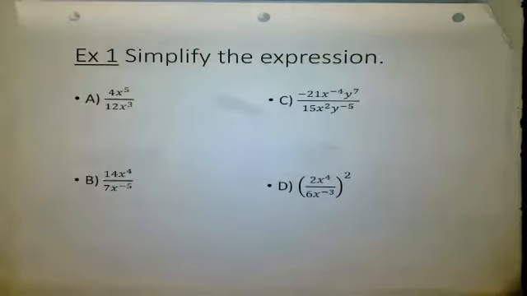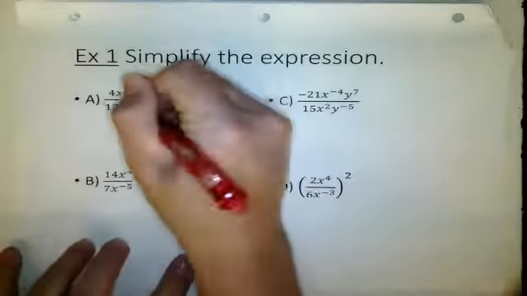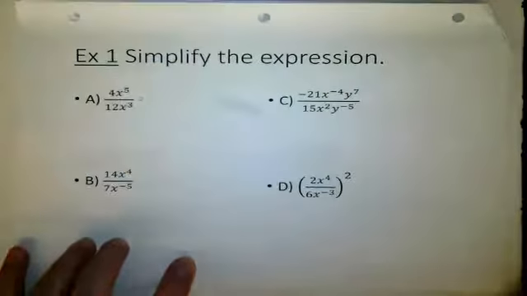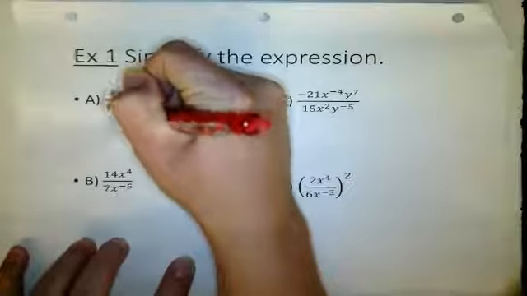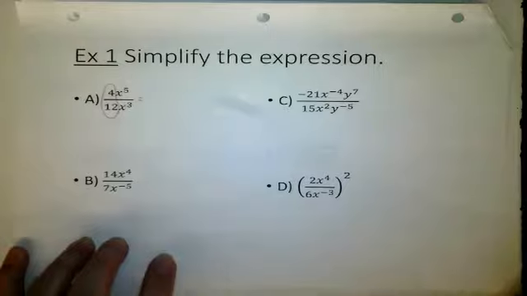These are rational expressions, rational meaning fractional. You can see we've got a big old fraction there, so we call these rational expressions. We're going to take this in parts. I have a fraction, 4 over 12. What can I do with 4 over 12?